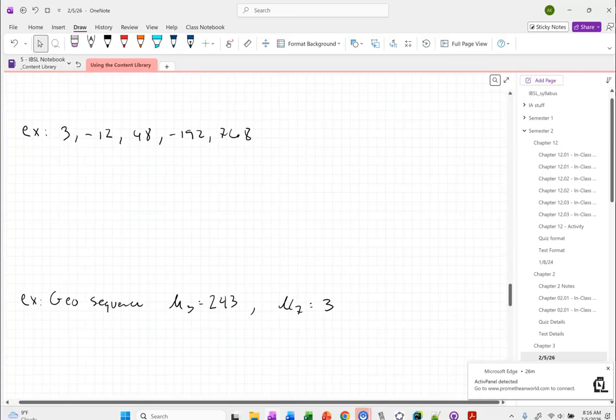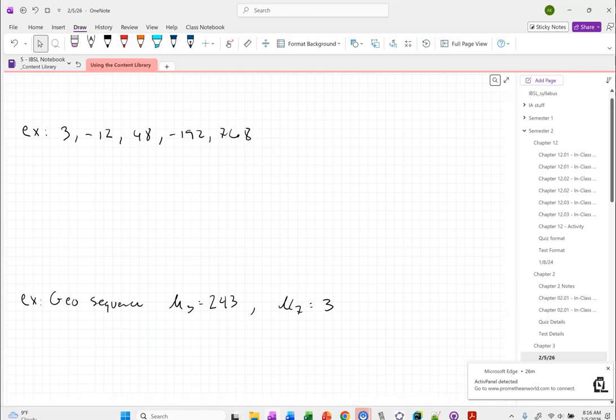So let's say we have this sequence here. First thing I want to do, if I'm asked to write its explicit or recursive formula, is to identify the type of sequence. So typically I would check to see if it's arithmetic first. So here I would say, okay, well, I minus 15, and then, oh, I would have added 60, stopping. Is it arithmetic?